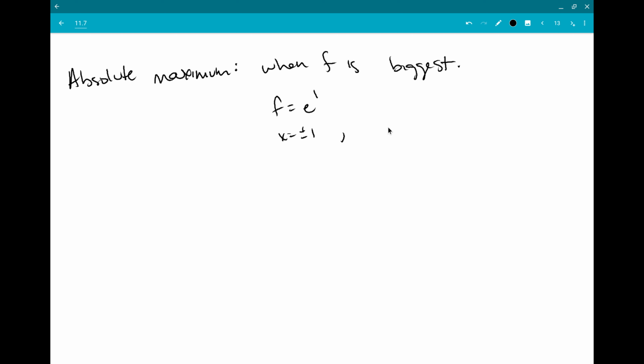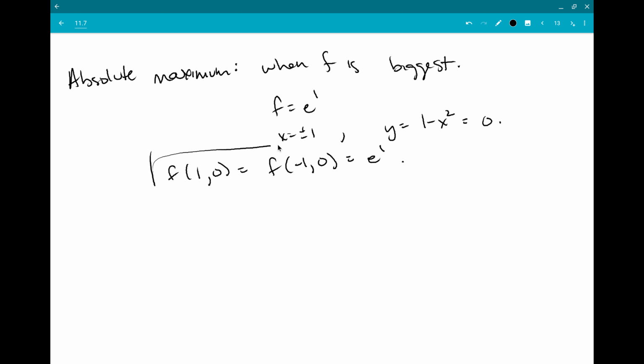So x is equal to plus or minus 1, and y squared is equal to 1 minus x squared. 1 minus 1 is just 0. So f of 1 comma 0 is the same as f of minus 1 comma 0, which is e to the 1. That's where my absolute maximum is.